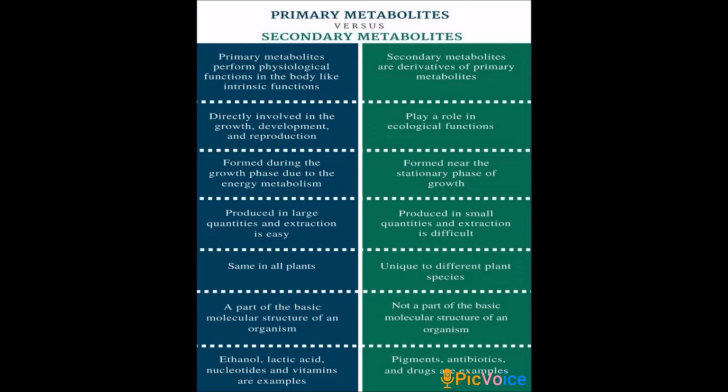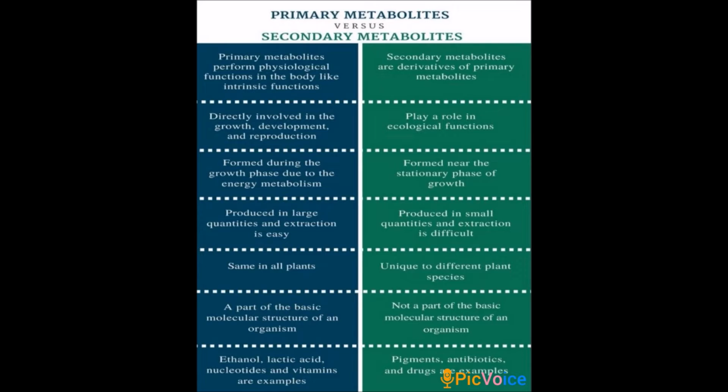Primary metabolites are the same in all plants. What are they? The oils, fats, sugars. It is all the same in all plants. Whereas secondary metabolites are very unique. Only in some plants we get essential oils, only in some plants alkaloids, only in some plants flavonoids. So it differs from species to species.